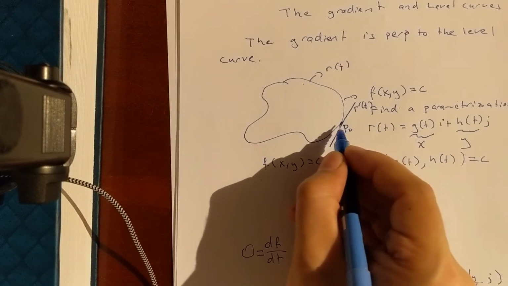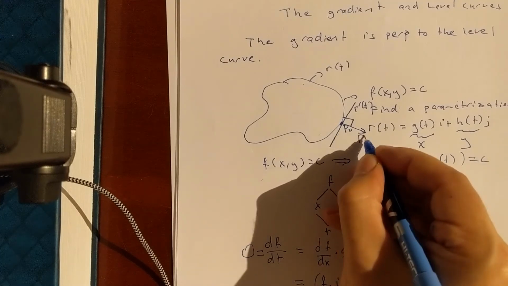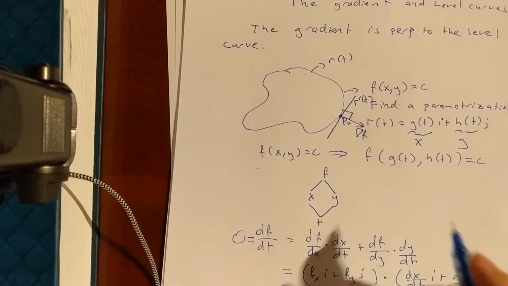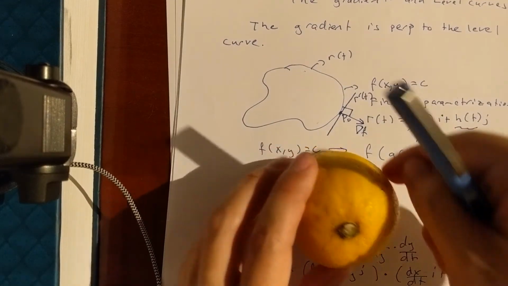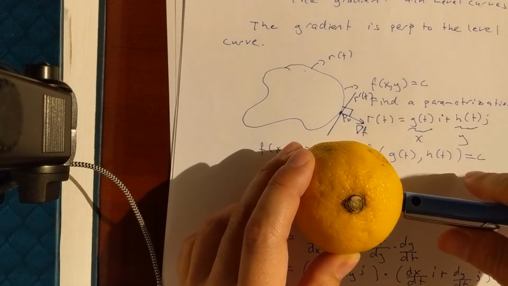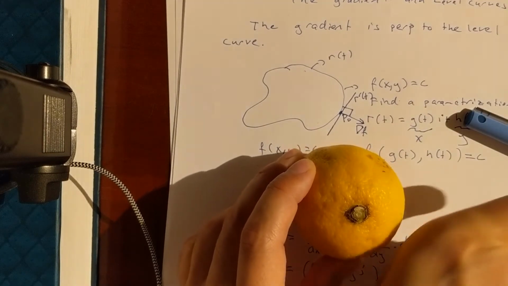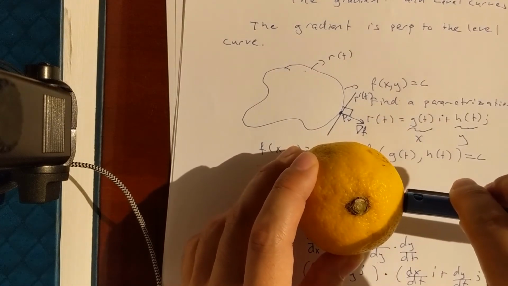So it says r prime of t and the gradient of f have to be perpendicular. They always have to be perpendicular. So you take any level curve on the lemon, you always stay on the same curve. That means you have to head out. This is the direction: the gradient is heading out perpendicular.